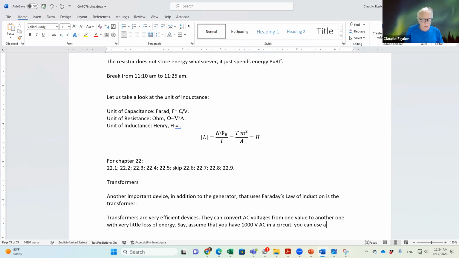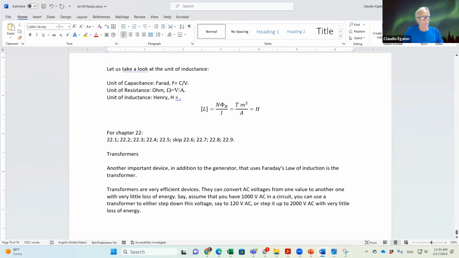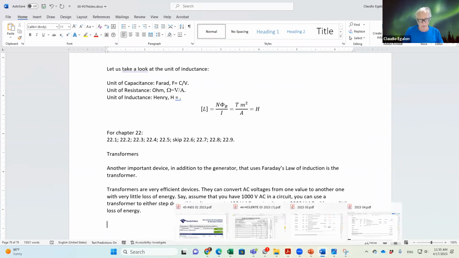You can use a transformer to either step down this voltage, say to 120 volts AC, or you can step it up to 2,000 volts AC with very little loss of energy. So that drawing that you saw is the principle of a transformer.